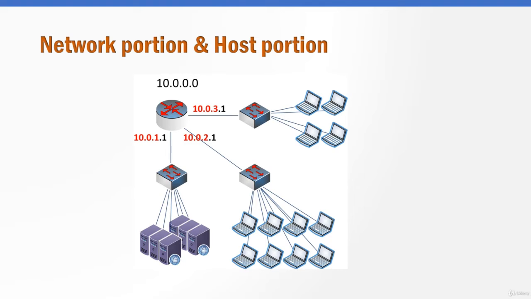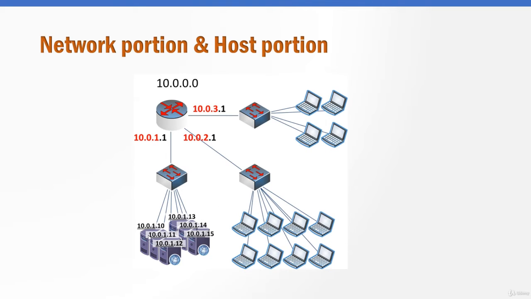Let's look at what IP addresses are going to be assigned to our end devices. The servers are going to have addresses like 10.0.1.10, 10.0.1.11, 10.0.1.13. I hope you can already see the part that's being repeated.